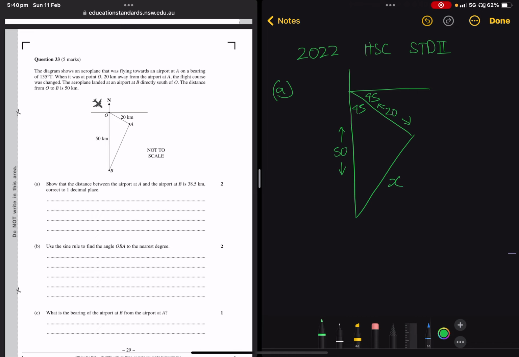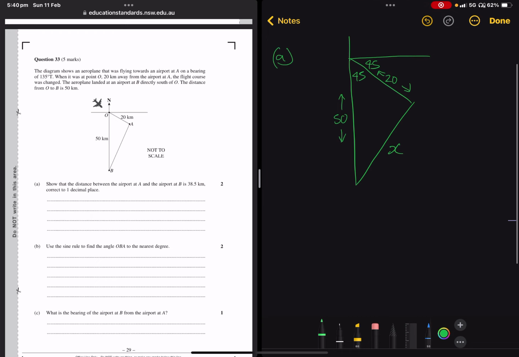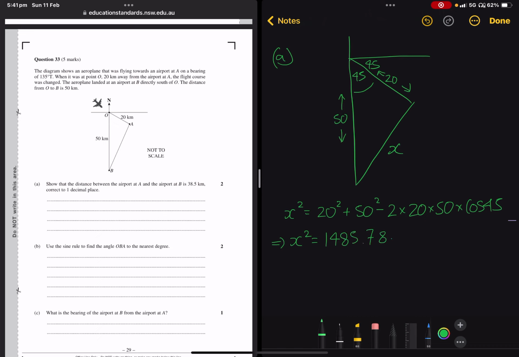Let's call this X. Well, we can actually do this straight away using cosine rule. So we know that x squared is going to be equal to 20 squared plus 50 squared minus 2 times 20 times 50 times cosine of the angle between 20 and 50, cosine 45. So if we plug this all into our calculator, we will find that x squared ends up being equal to 1485.78... and now we need to take the square root of this.